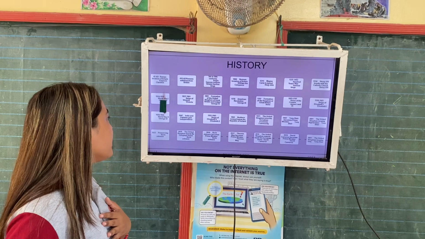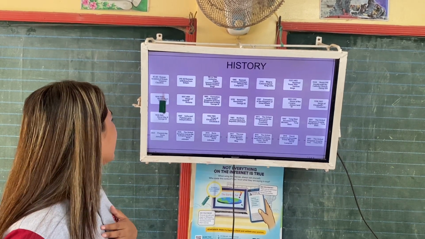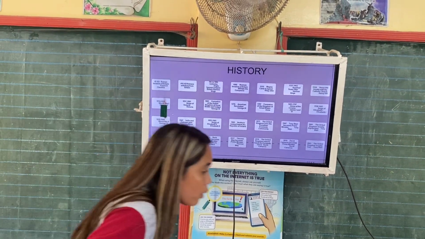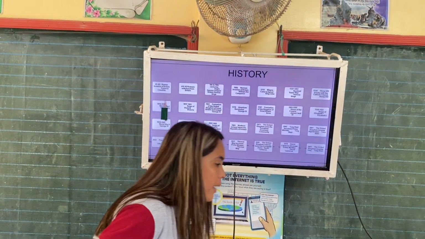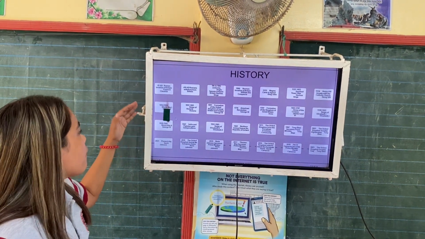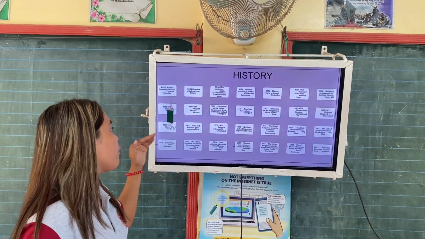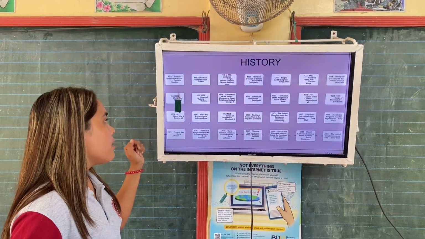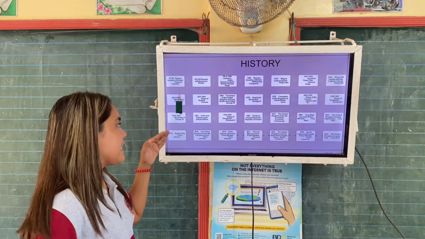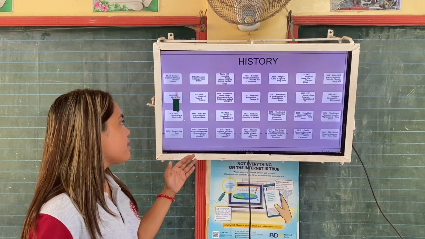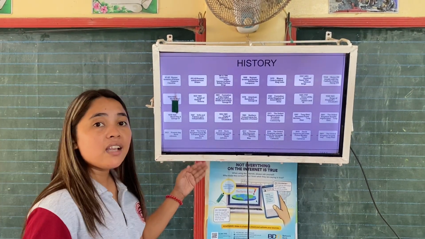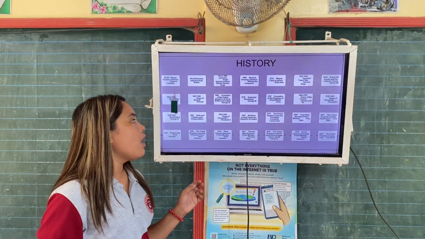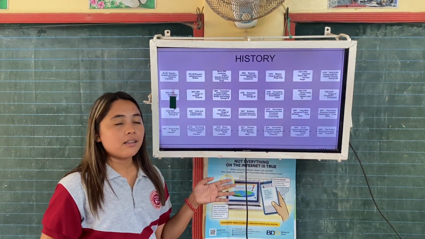And then by 1914 to 1918, World War I under George V. And then followed by 1939 to 1945, World War II under the leader George VI. And then by 1947, India and Pakistan gained their independence. By 1952 to 1965, the reign of Elizabeth II.